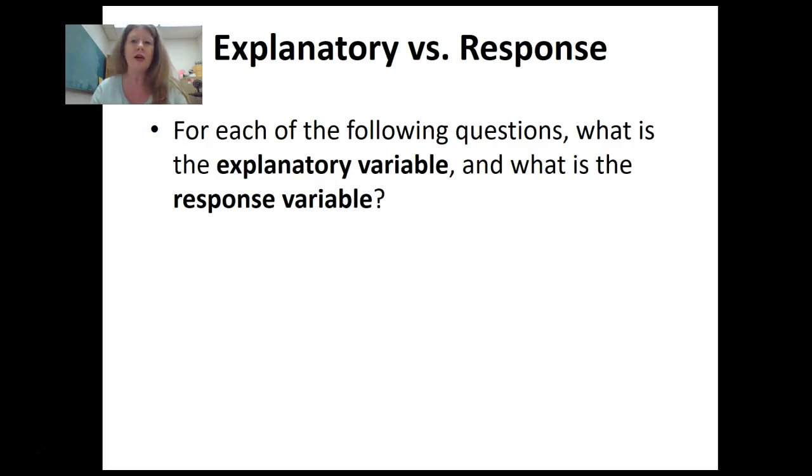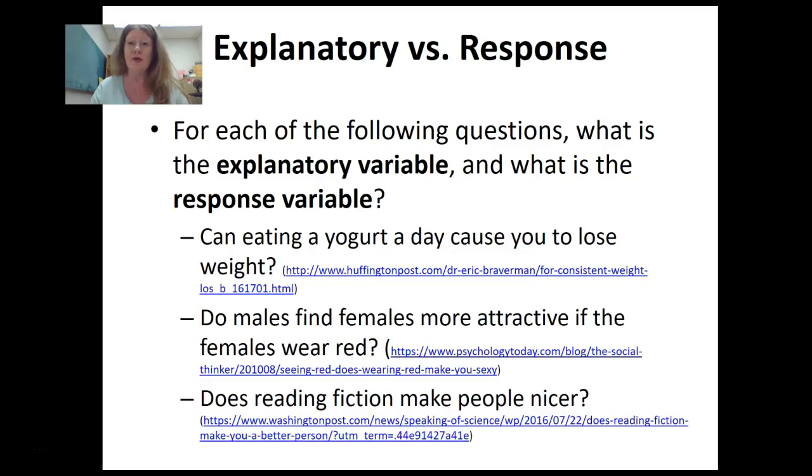Before we actually talk about the definitions of these terms, I just want to see what you might already know based on the reading that you've already done in chapter 5. So let me show you the three things quickly, and you might want to pause this and write down what you think for each one the explanatory variable is and what the response variable is. And then you can come back and see what the actual answers are.